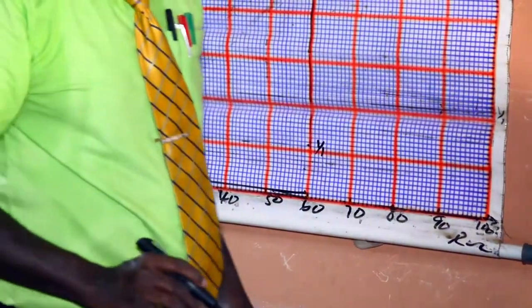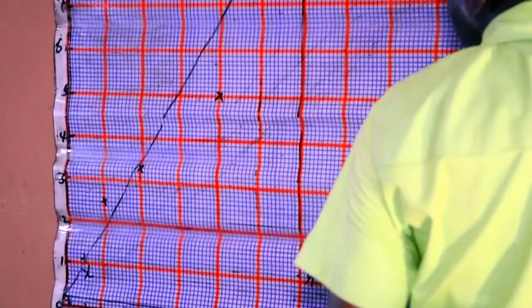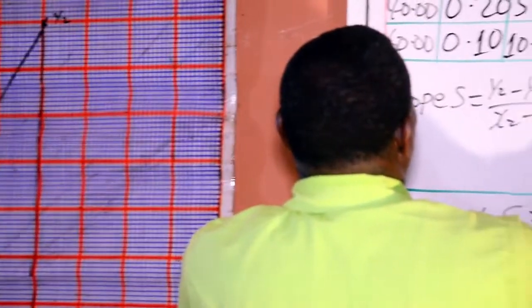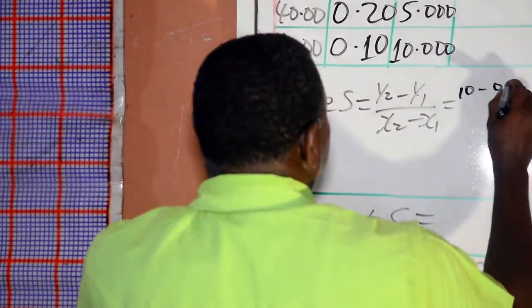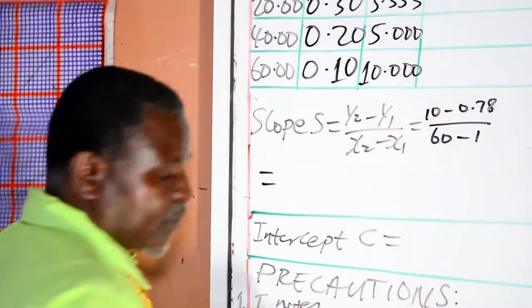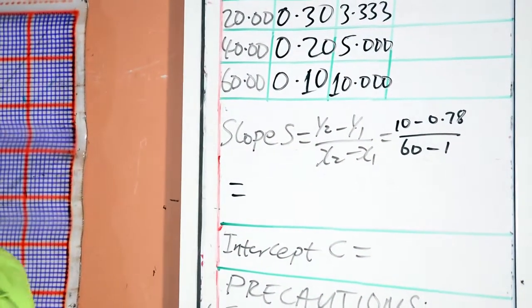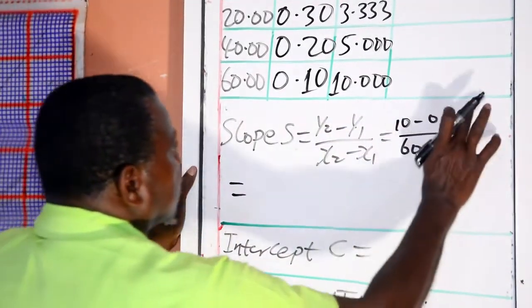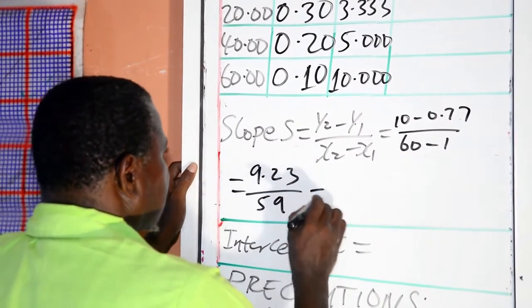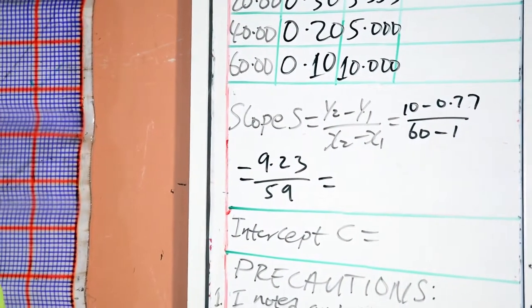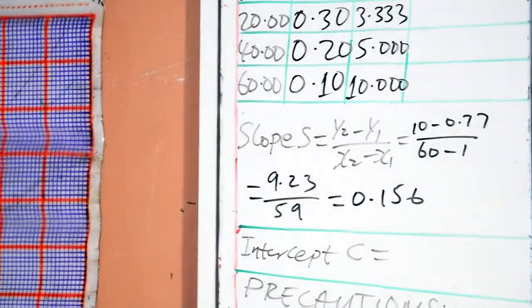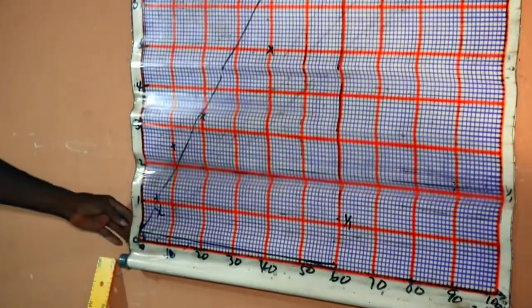That will be 10 minus 0.77 divided by 60 minus 1. This one will give us 9.23 divided by 59. This is equal to 0.156. The intercept on the vertical axis is 0.2.